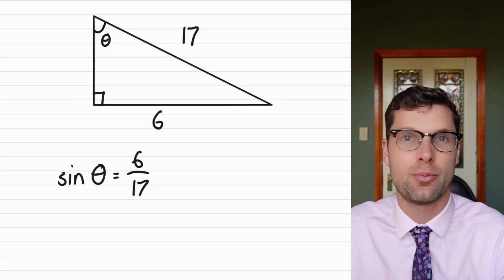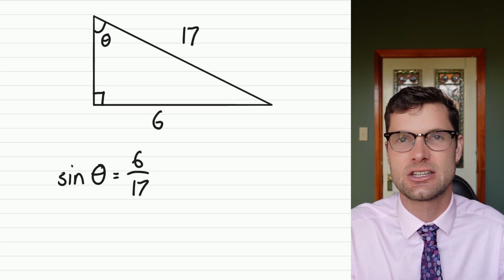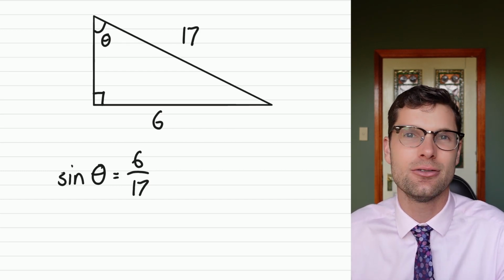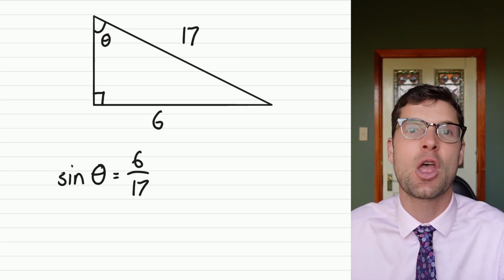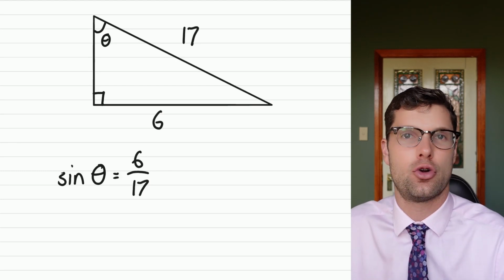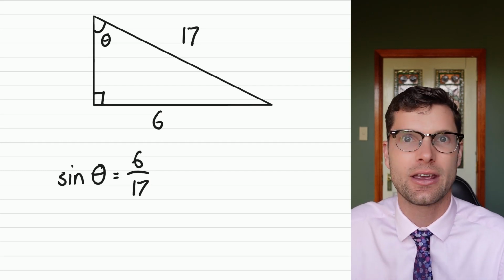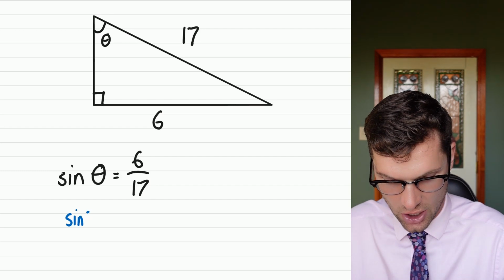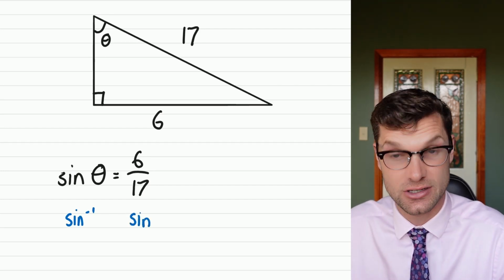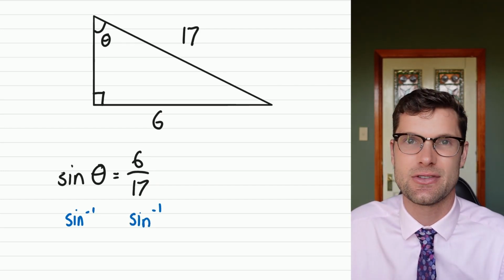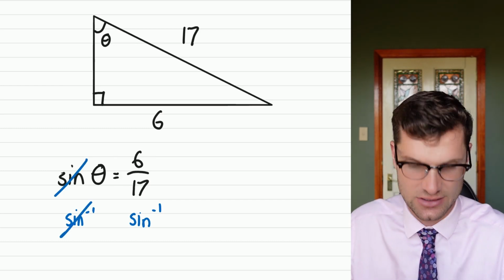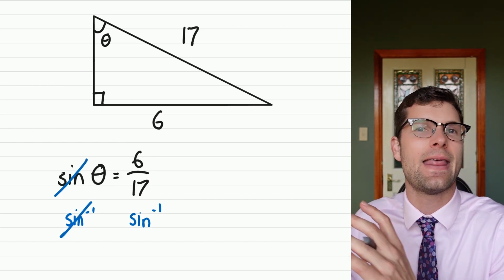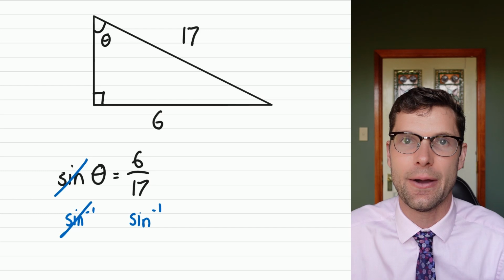So if we look back at the problem that we've already done, we've got the sine of our angle is equal to 6/17. What you have to write down in order to get full marks or show your working is that if we do sine -1 to both sides, or the inverse of sine to both sides, it cancels out the sine on this side and then is applied to the other.